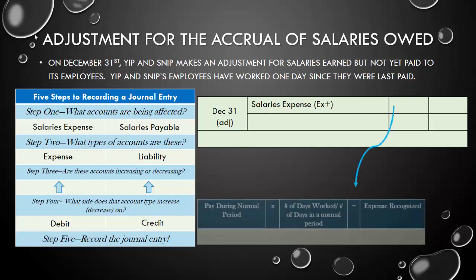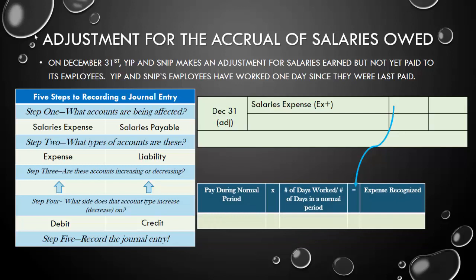Well, we can figure that out by taking their pay during a normal period and multiplying it by the portion of a normal period that they actually worked. If you recall from the period entry that we did on the last slide, these employees typically make $1,500 for a 5-day work week. Well, how much would they make each day then? We can take that $1,500 and we can multiply it by the number of days worked over the number of days in a normal period.